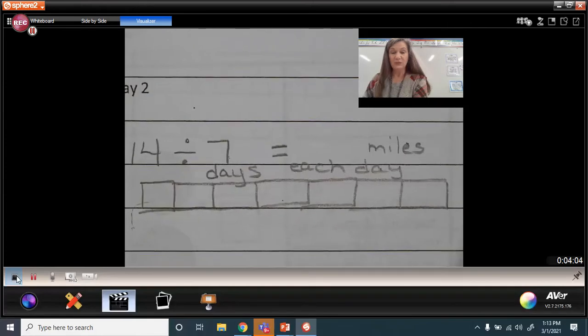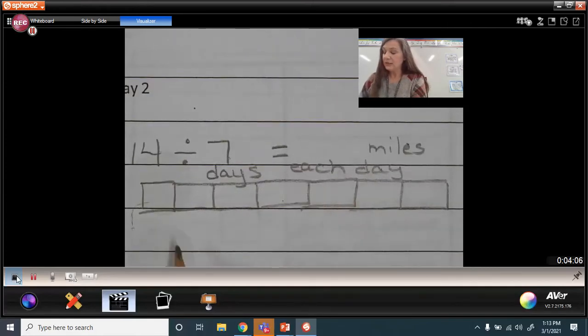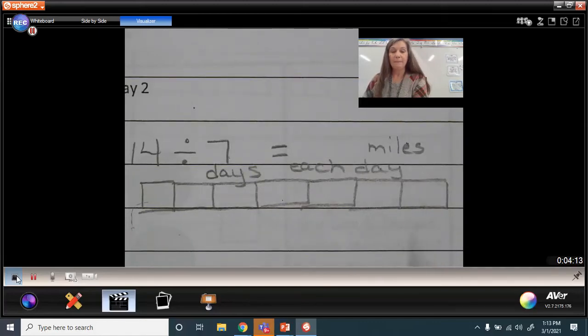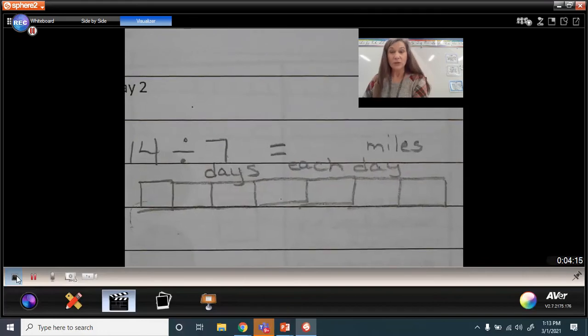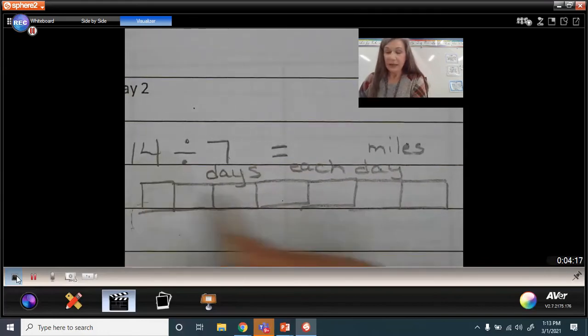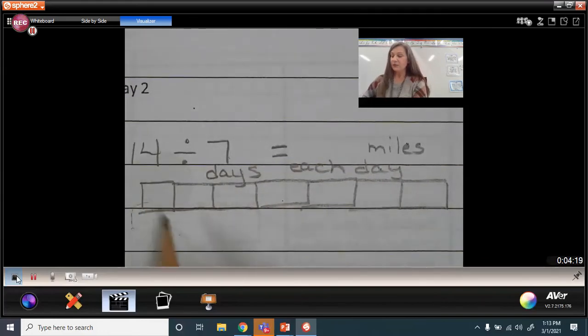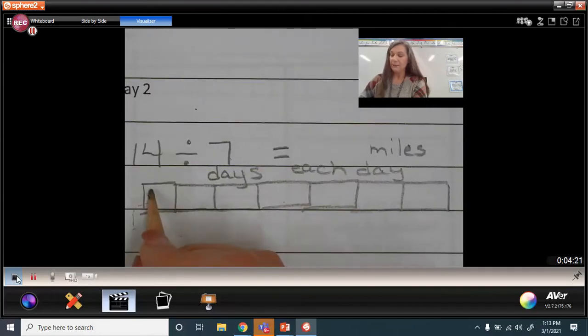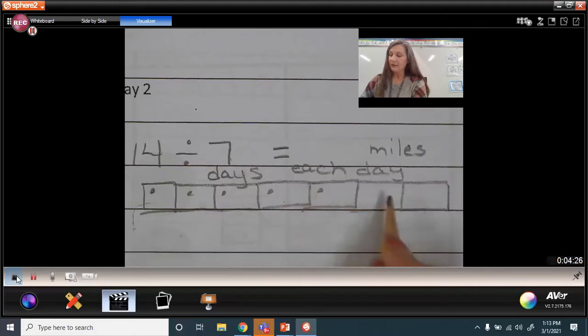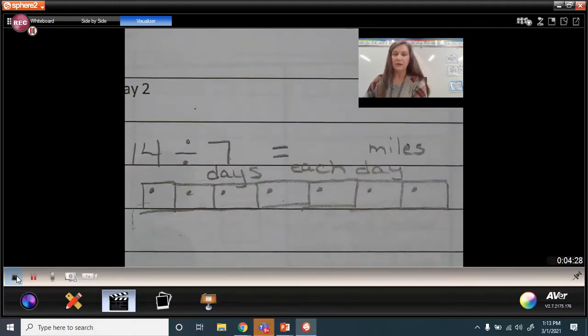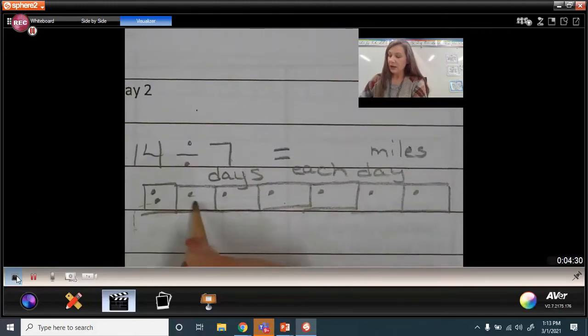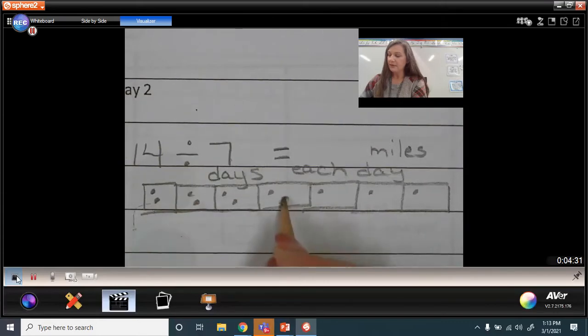If I take these 14 miles and share them equally between the 7 days, if you know your multiplication facts really well, you would know that 7 times blank equals 14. Well, 7 times 2. If I didn't know that, I could take these 14 and divide them equally by putting 1, 2, 3, 4, 5, 6 miles, 7 miles, 8, 9, 10, 11, 12, 13, 14.